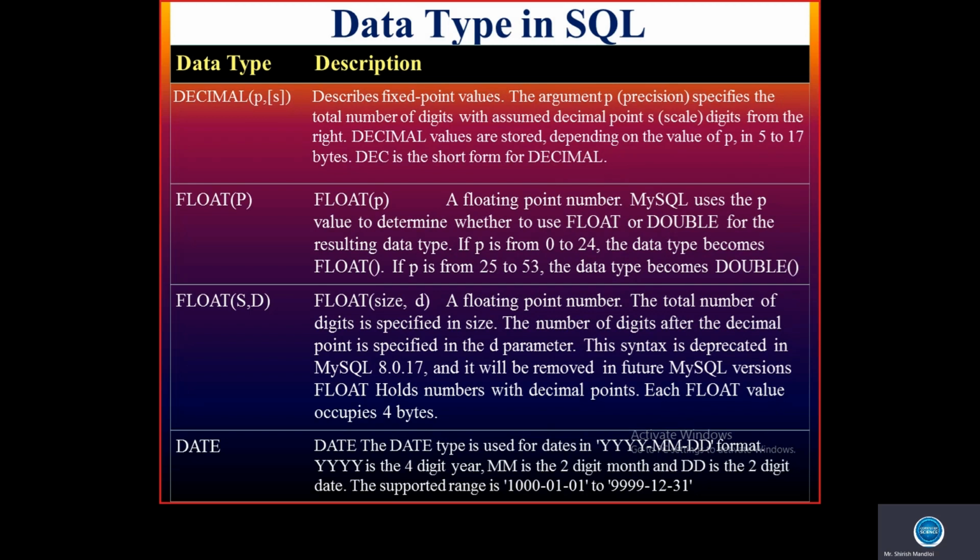Precision means how many digits you want in total, and scale means after the decimal point how many digits you want to show. That is P and S. FLOAT(p) is a floating point number; MySQL uses the p value to determine whether you are using a float or double number. FLOAT(size, d) is a floating point number where the total number of digits is specified in size and the number of digits after the decimal point is specified by d.